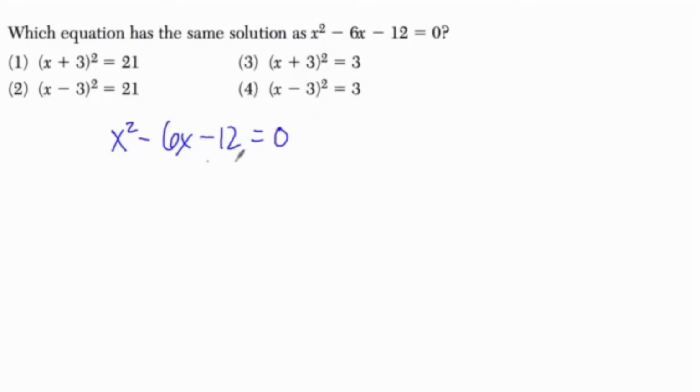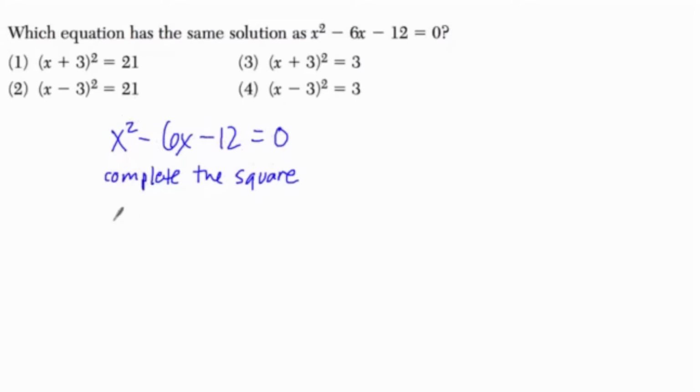You can approach this in a lot of different ways, but if we were to solve by completing the square, then we could get to a step that gives us this. So we're going to go ahead and try that. We're going to solve by completing the square.